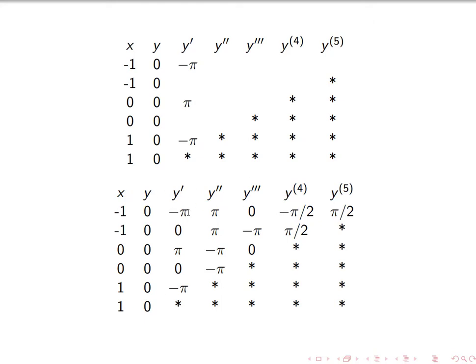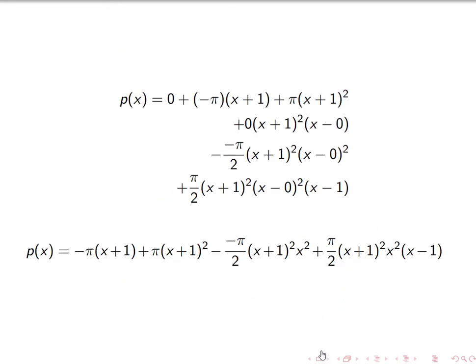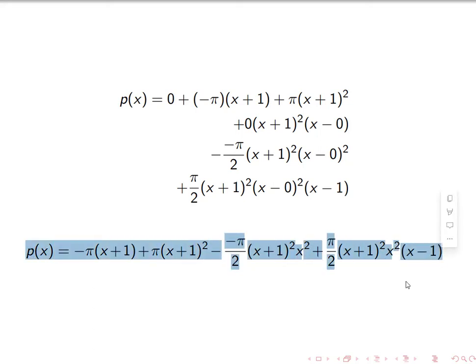Okay, and when I do, it will give me coefficients of my polynomial like so. And I can put these into my polynomial, and so right here is my interpolating polynomial for my sine function, for sine of pi x.